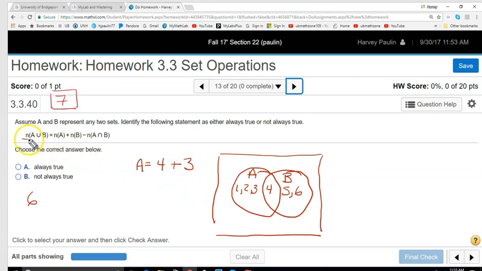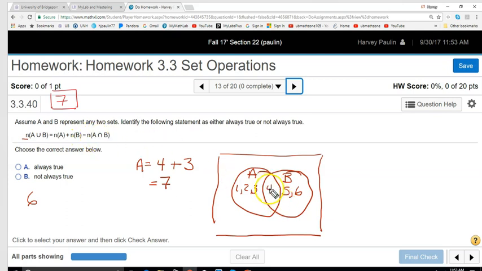So we say then that the cardinal number of the union of them is the sum of these, which so far is 7. But now we are subtracting the number that are intersecting.